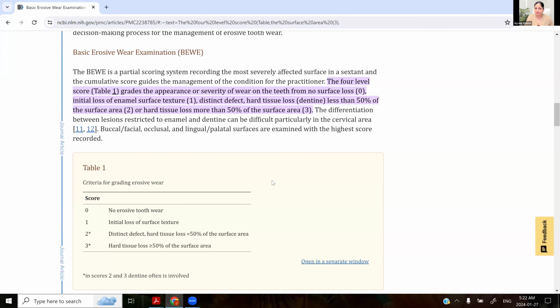So 4 kinds of categories: none, initial involvement, less than 50% tooth lost, score 2, and more than 50% tooth loss, score 3. So in the exam, if they give you clinical pictures and ask about the Basic Erosive Wear Examination, any questions on the scoring assessment or the type or the criteria or the category, can you make sure everyone knows that, right?